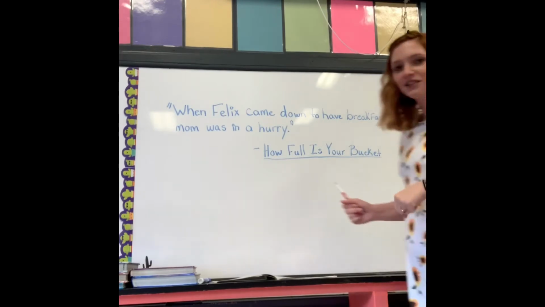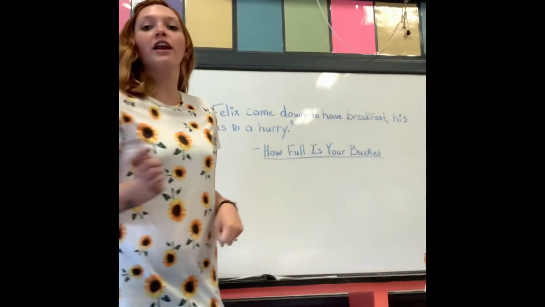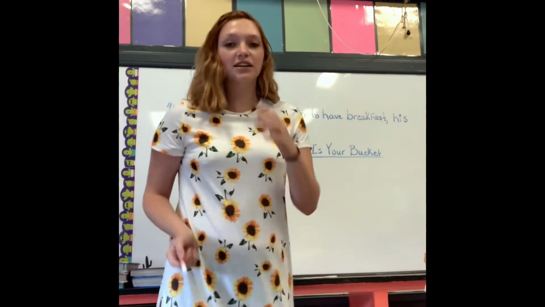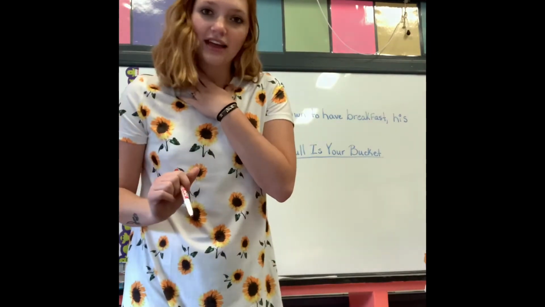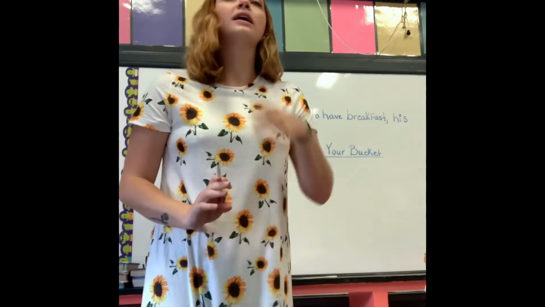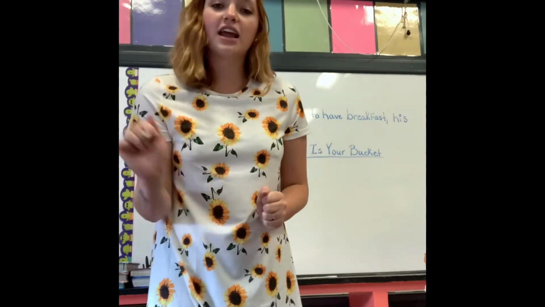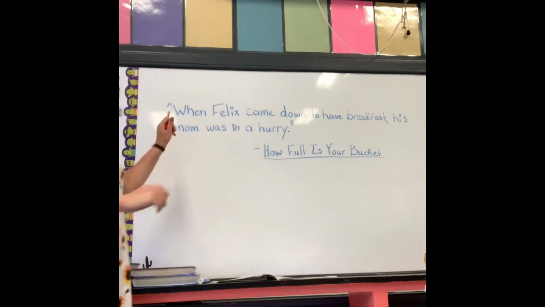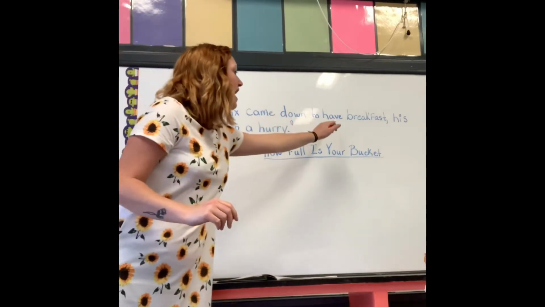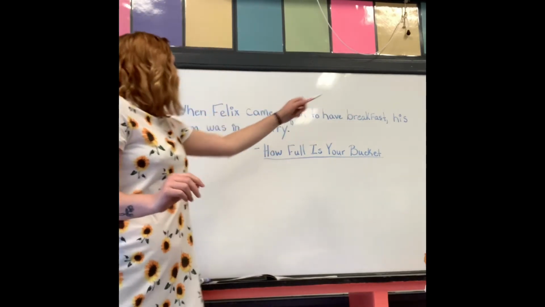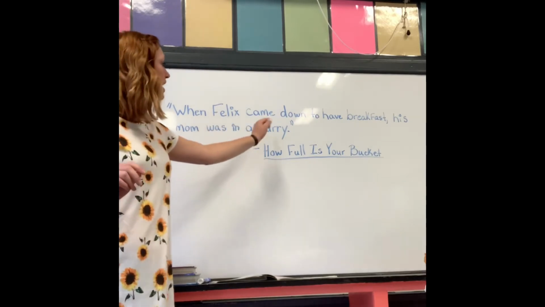All right, so we learned our guide on how to notice things in our sentences. So I want you to try it with me this time, okay? So on your sentence strip, we're going to notice all the same things. So when Felix came down to have his breakfast, his mom was in a hurry.